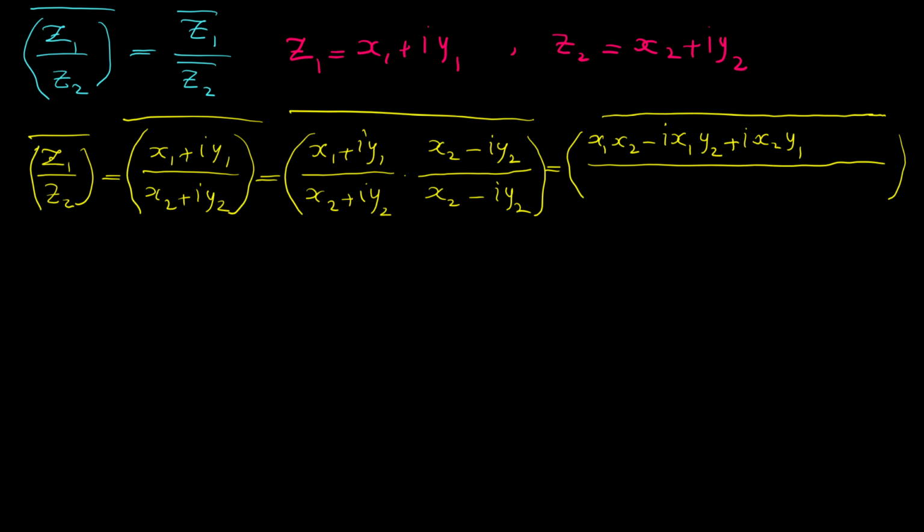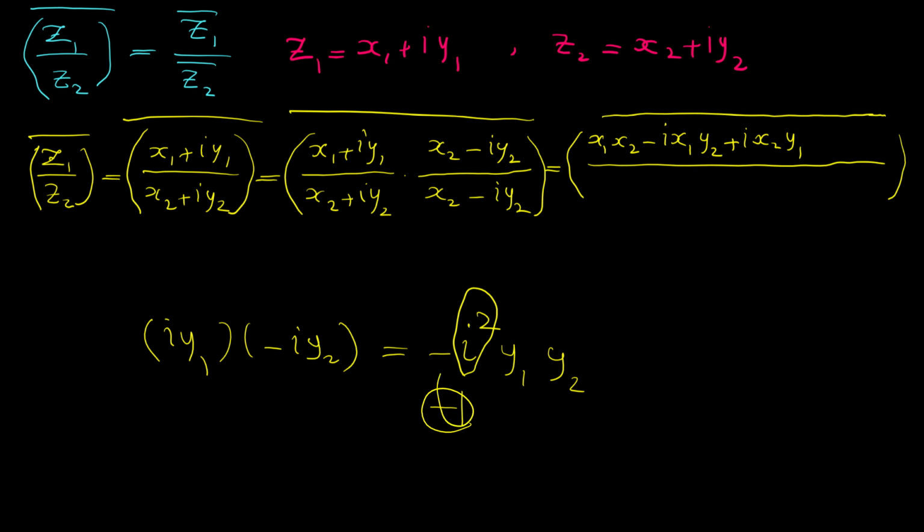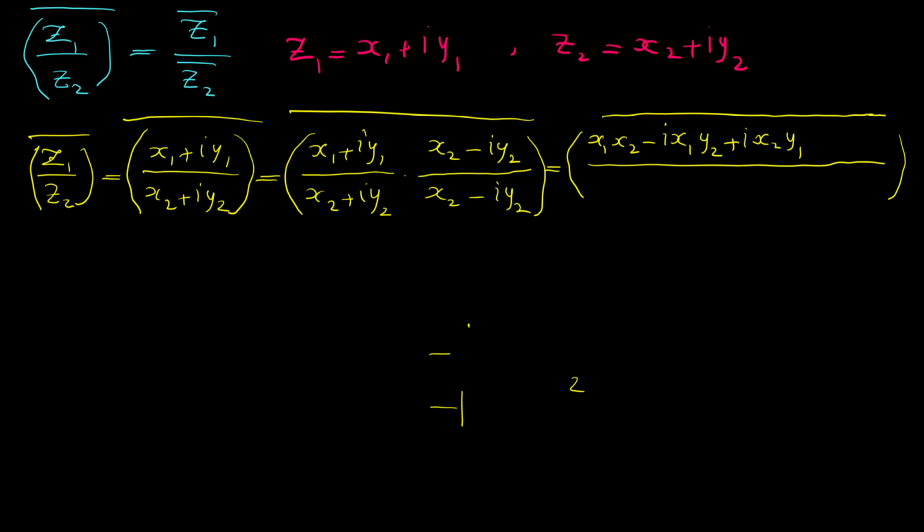Why? When we multiply i y1 by negative i y2, this equals negative i squared y1 y2. But we know that i squared is negative 1. Negative 1 times negative would be 1. So the answer is only y1 y2. So we have plus y1 y2.